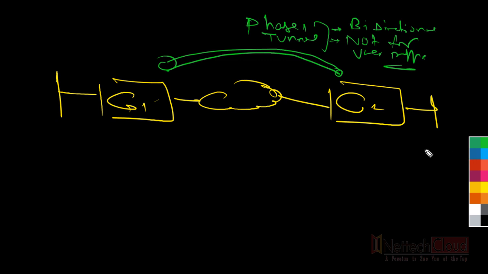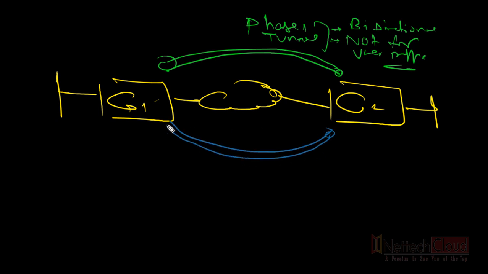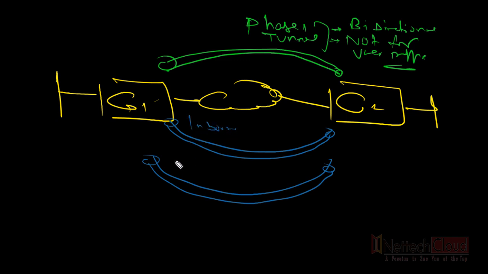Phase 2 tunnel is basically data plane tunnel, and phase 2 tunnel is unidirectional, means a pair of tunnels are created, minimum a pair, one like inbound and another outbound. Inbound for gateway 1, then of course outbound for gateway 2, outbound for gateway 1, then inbound for gateway 2, right?